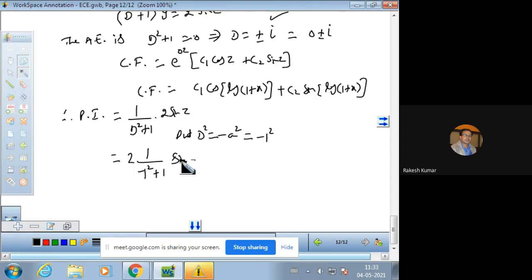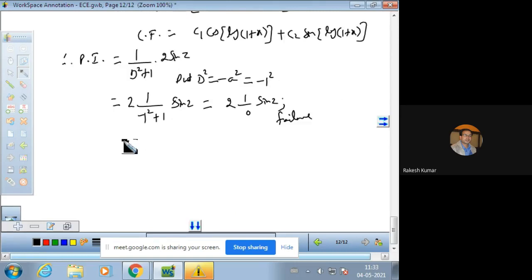And now you are getting 0 in the denominator. So it means it is a case of failure. If it is a case of failure, you have to use another technique. You will multiply by the factor z and find the derivative of the denominator.